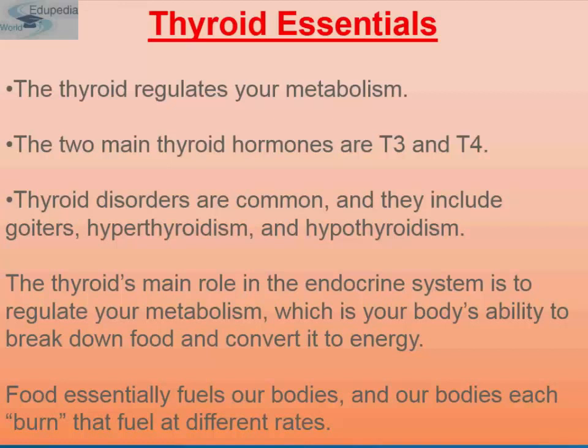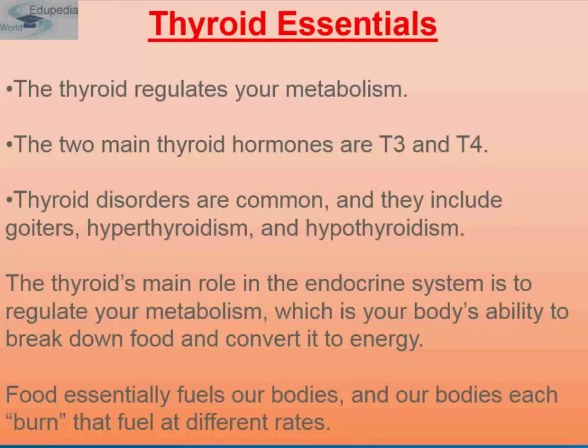Food is broken down into small pieces and then gets converted into energy, through which we move, through which we locomote, through which we talk. So food essentially fuels our body, and our bodies each burn that fuel at different rates.